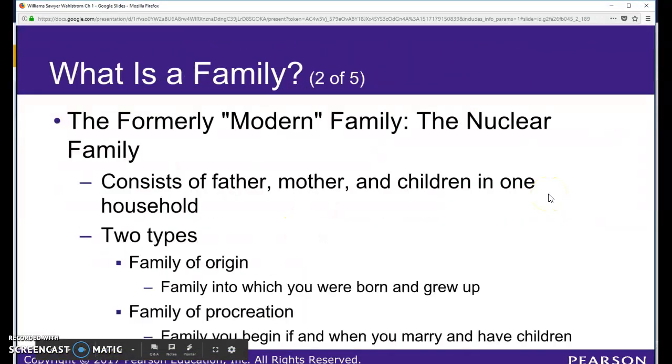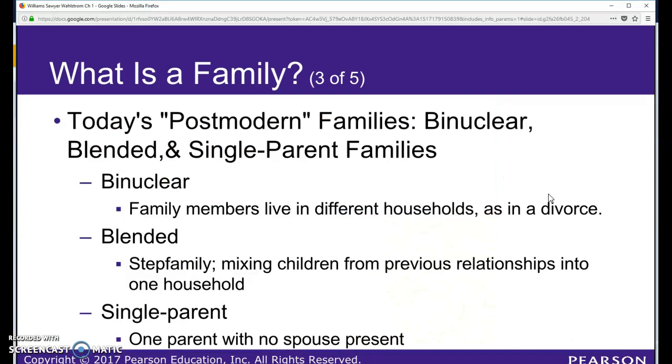And finally, one of the things that we're also going to talk about through this semester is the way our families look is changing. In the past, the nuclear family was seen somewhat as the gold standard, having mom, dad, and kids in one household. But the reality is today's families, the nuclear family is becoming more of the rarity. We see many, many different kinds of households today, and there is no one standard way for a family to look.